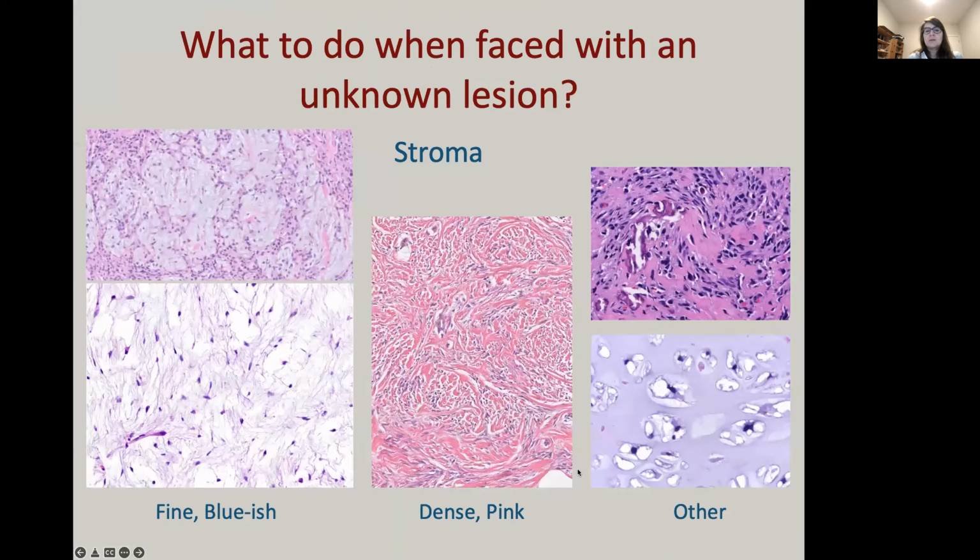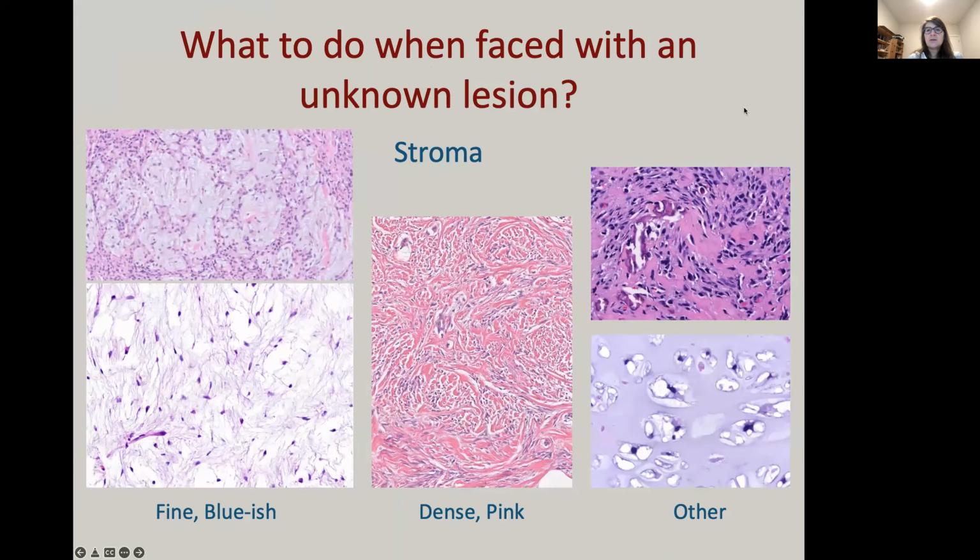Okay. So moving on to the next thing that we're going to talk about, other than nuclei and cell shape: stroma, right? Different cells may deposit different types of stromal materials. There's a fine bluish type of stroma, which we can generally refer to as myxoid.